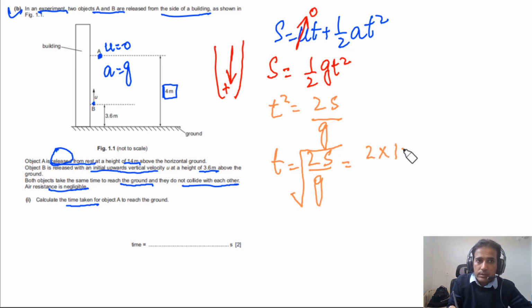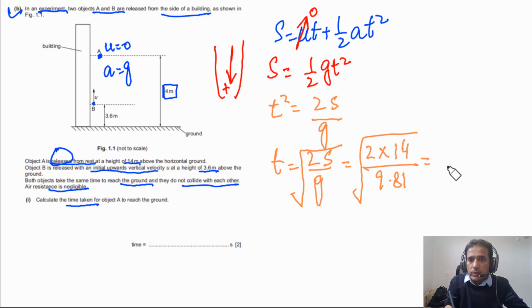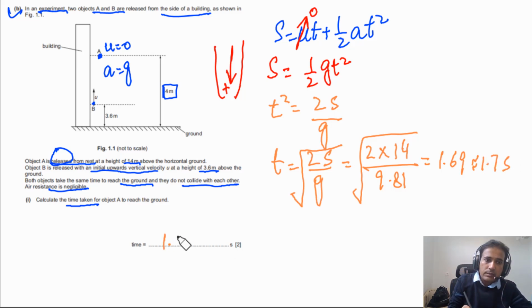Vertical displacement is equal to 14 meters and the value of g is 9.81. If we solve this one, we will get about 1.69. So this is equal to 1.7 up to 2 SF. So our final answer we can say is 1.7 seconds.